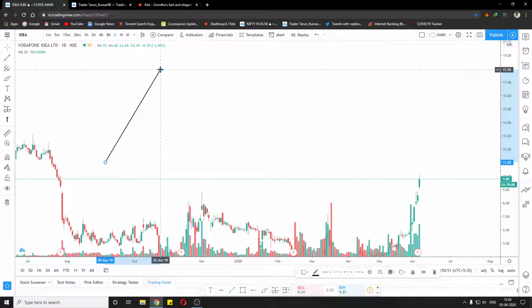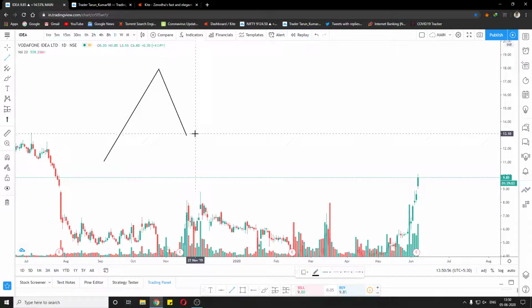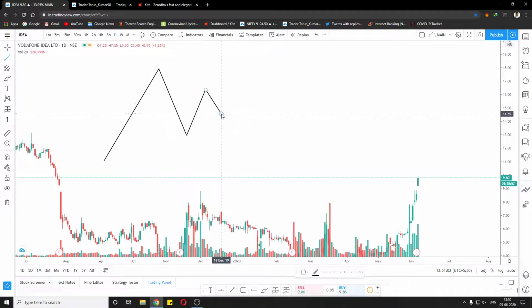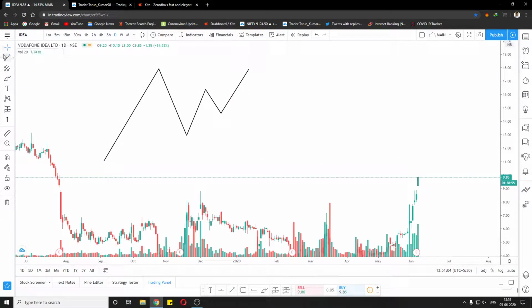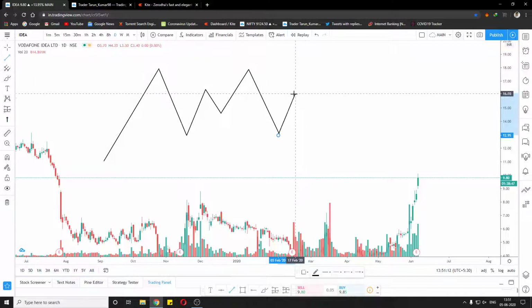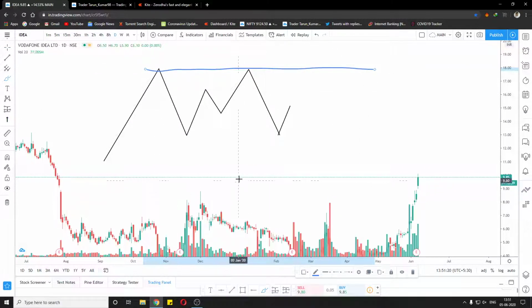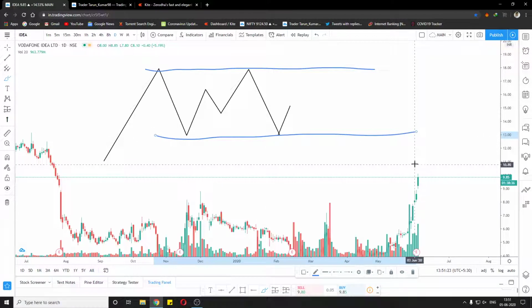So let's say the market moves something like this. So now it is clear that this is our resistance and this is our support. So there is nothing more to this concept. We just have to identify a trend.